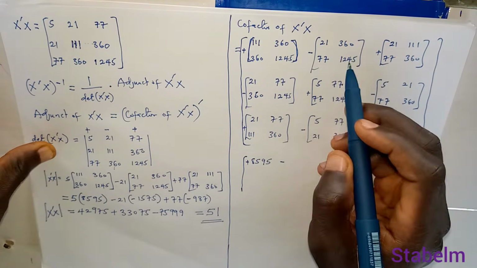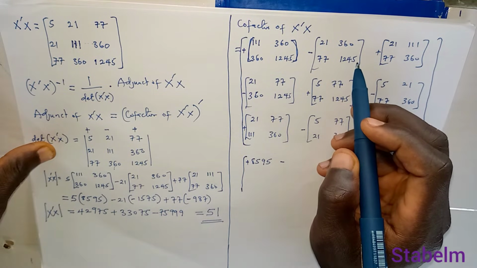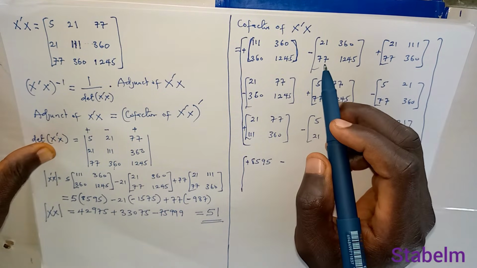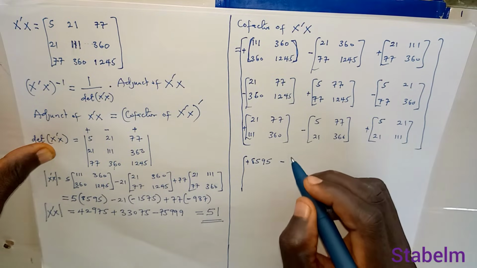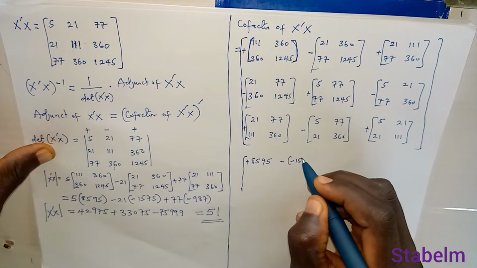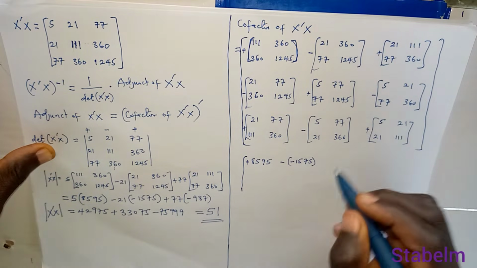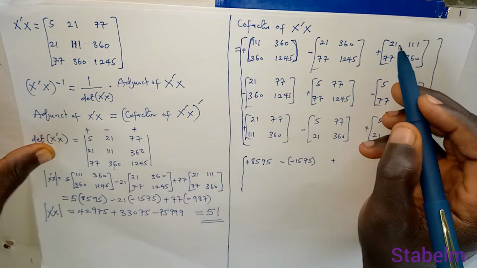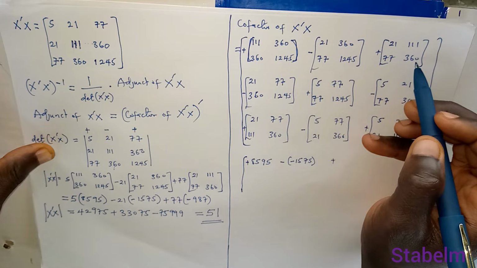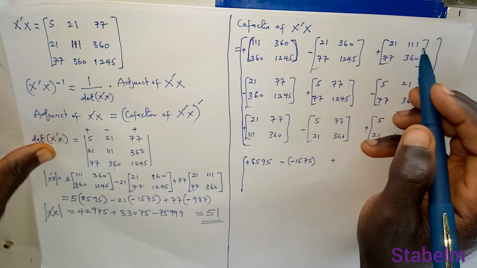Now 21 multiplied by 1245 minus 360 times 77, and that will give us minus 1575. So for the third, we have plus 21 times 360 minus 77 times 111.